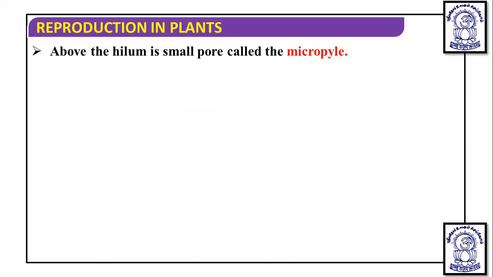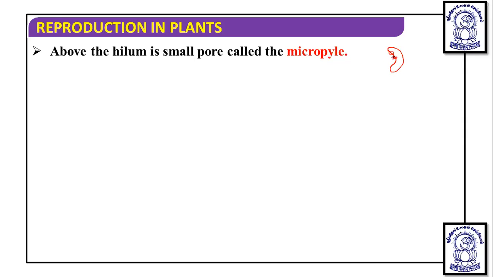Now in a seed, above the hilum, a small pore is observed which is known as a micropyle. If this is a seed coat, it has a scar here, and a pore is observed here.